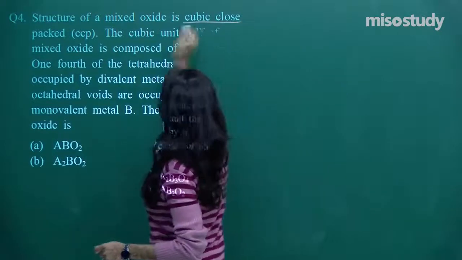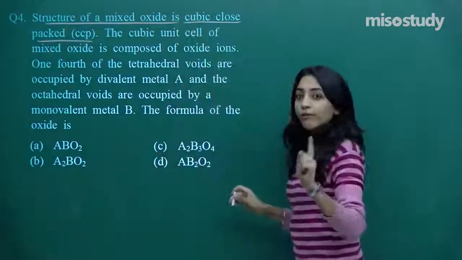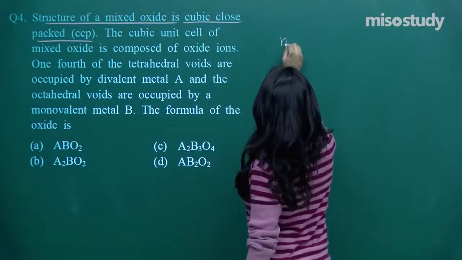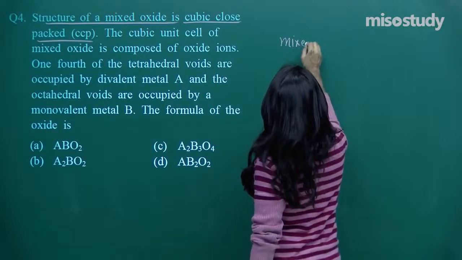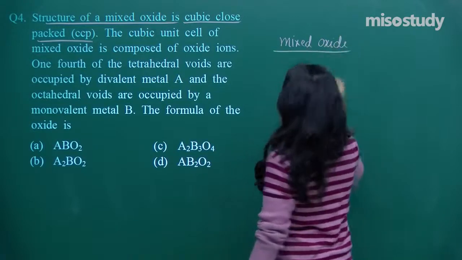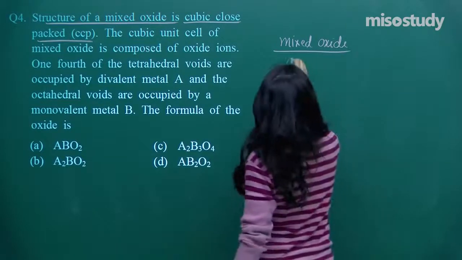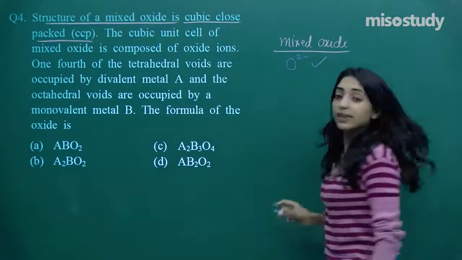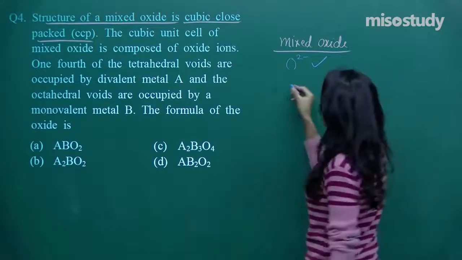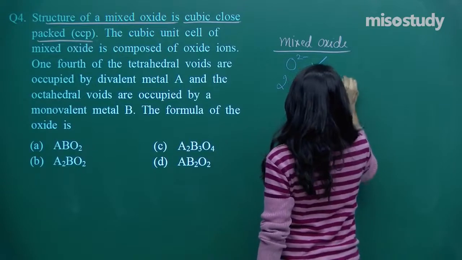Okay, point number 1. Point number 2. So we have got first of all a mixed oxide. What is a mixed oxide? Oxide means there must be O2 atoms. These are a must, right? Mixed means there may be 2 or more metals.